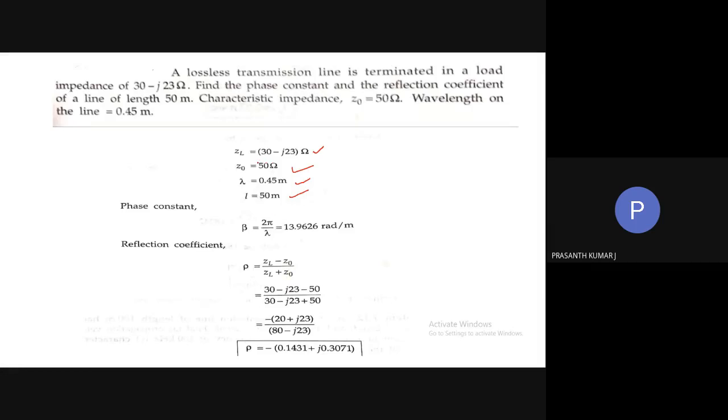ZL is given, 30 minus j23, minus Z0, which is 50, divided by ZL, 30 minus j23, plus 50. So this is nothing but (30 minus 50), that is minus 20 minus j23, by (30 plus 50), 80 minus j23. If you rationalize this number, you will be getting the rho value. Like this, you have to find out the reflection coefficient.